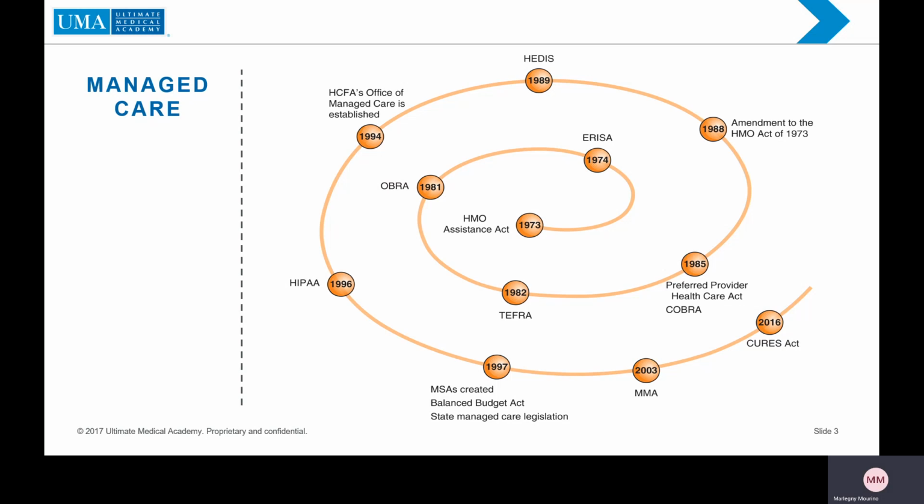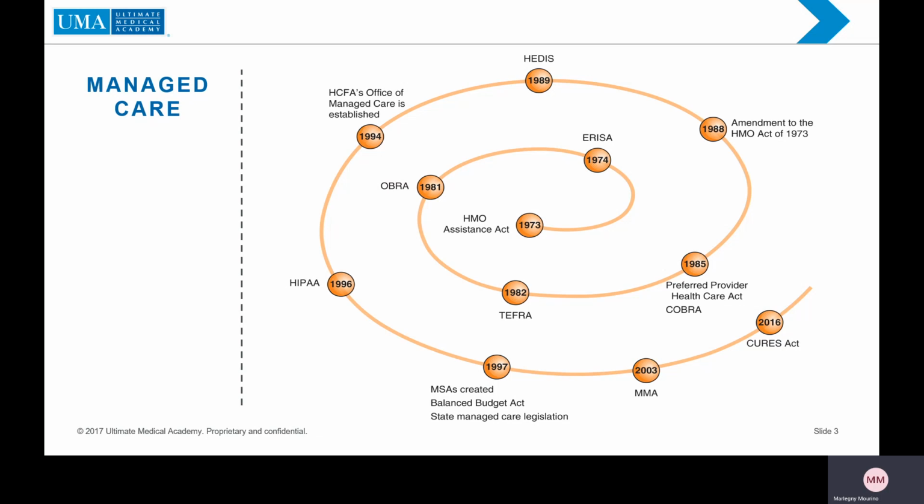In other words, it was developed as a way to provide affordable, comprehensive, prepaid healthcare services to enrollees or beneficiaries of these plans. So again, they were organized to manage several things, but 3 that I mentioned: cost, utilization, and quality. So provide affordable, comprehensive healthcare services.